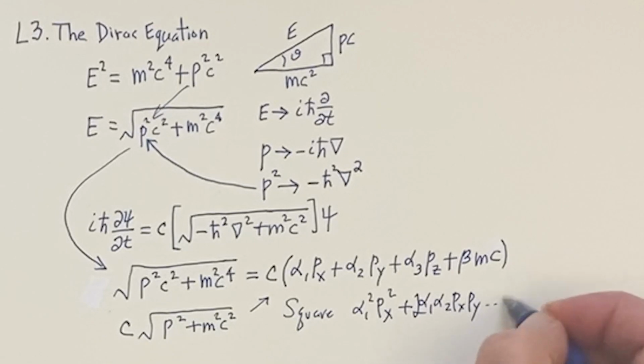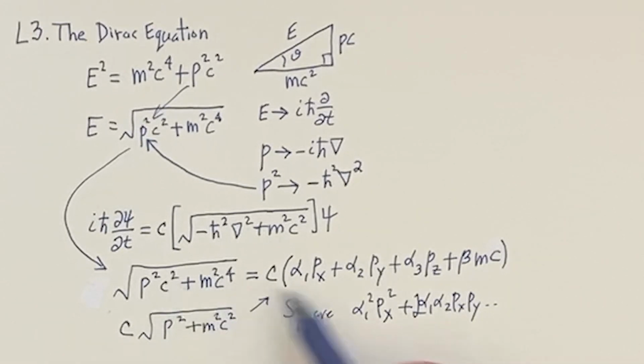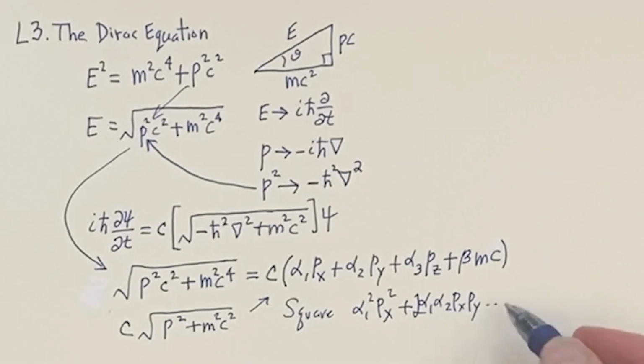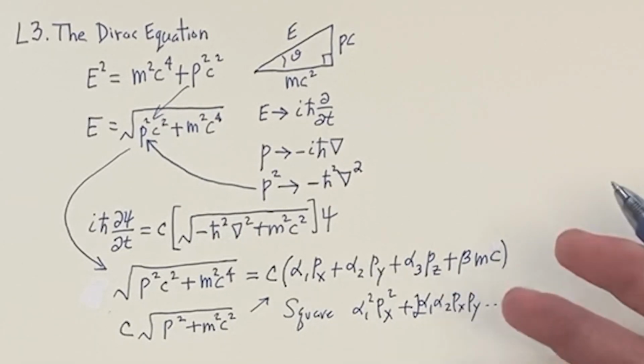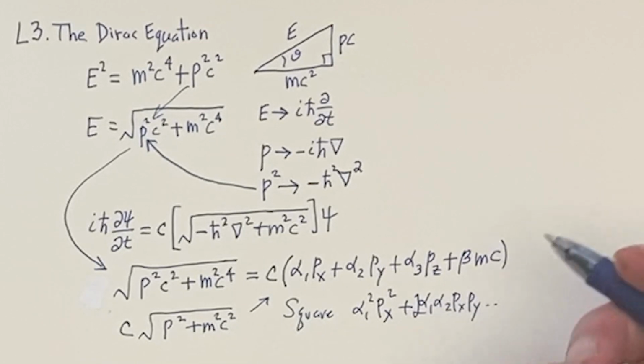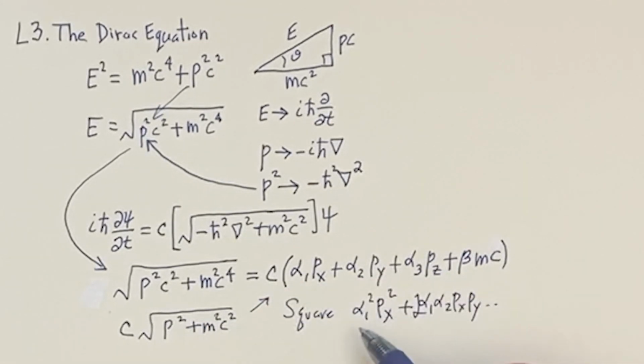But since there's no cross term here, that would mean alpha 1 or alpha 2 would be 0, but then when you have the other cross terms, you're basically going to find that the alphas are all 0, but then you can't get the px squared because they're all 0.